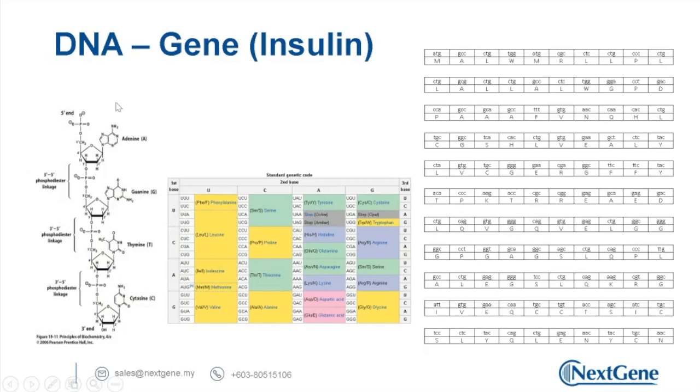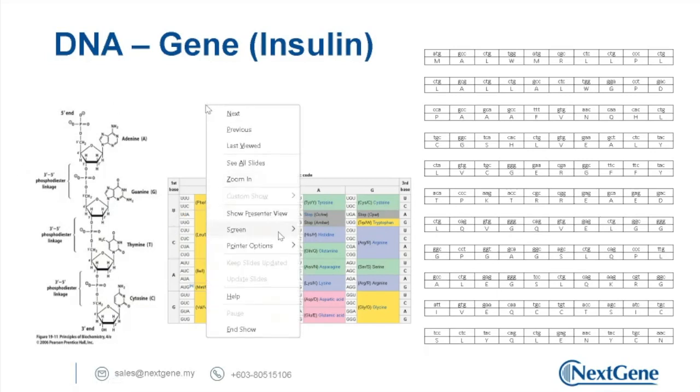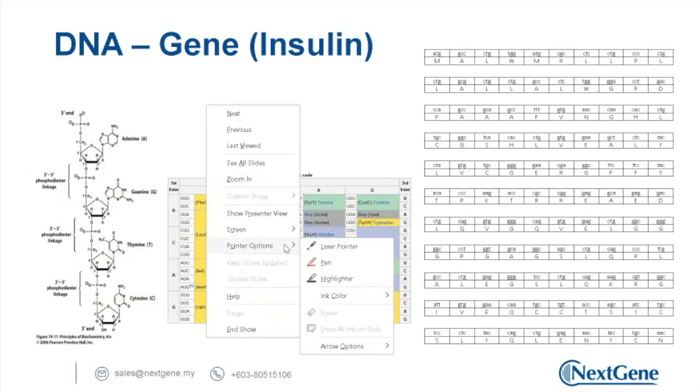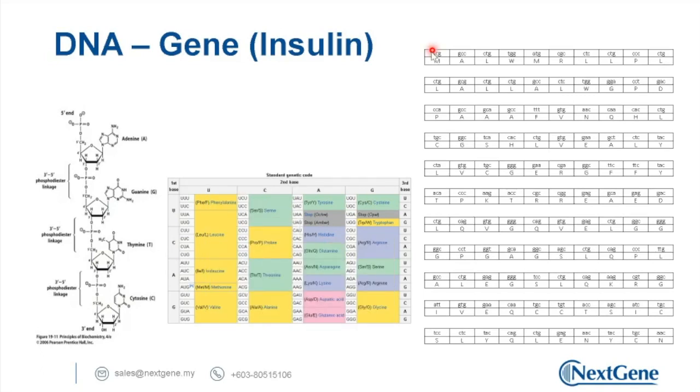The reason is that whenever we talk about a gene or the DNA sequence of a gene, we talk about the nucleotide bases, which are A, T, C, and G. This is an example sequence of the insulin gene. We have the start codon, and at the end we have the stop codon.